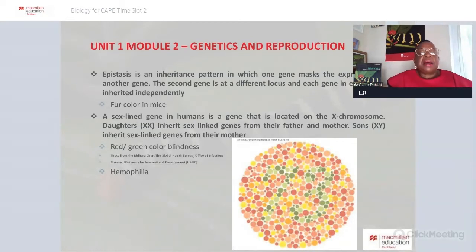And sons normally inherit sex-linked genes from their mother, because you know that gentlemen have X and Y, so they only have one X chromosome. And many gentlemen have the condition of red-green color blindness. Hemophilia is another example of a sex-linked gene.